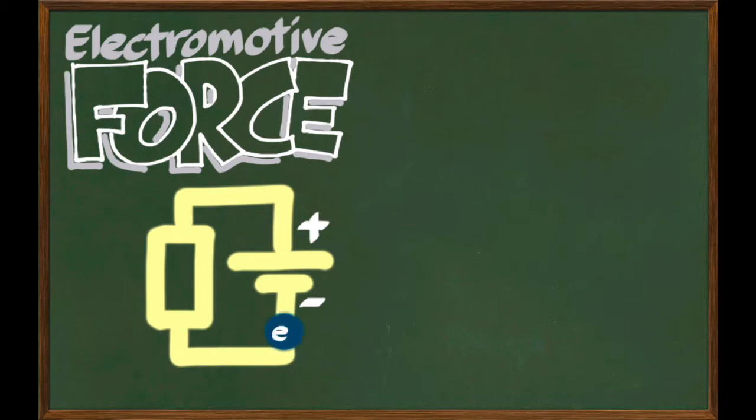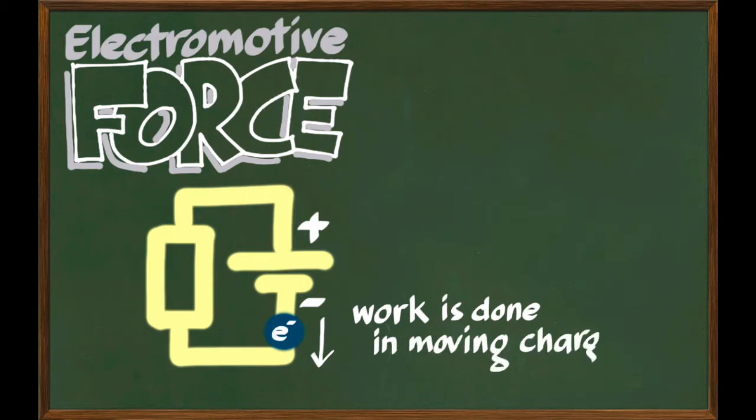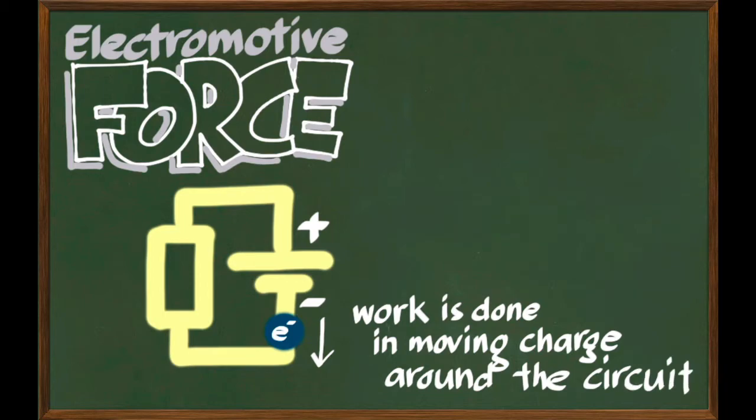Let's see this circuit again with the source having the negative terminal right here and the positive terminal here. Imagine an electron is here and current is produced when this electron moves. A force as a cause of this movement seems logical and aligns with our physics concepts, but people define this cause as the work done in moving the charge, in this case the electron, throughout the circuit.